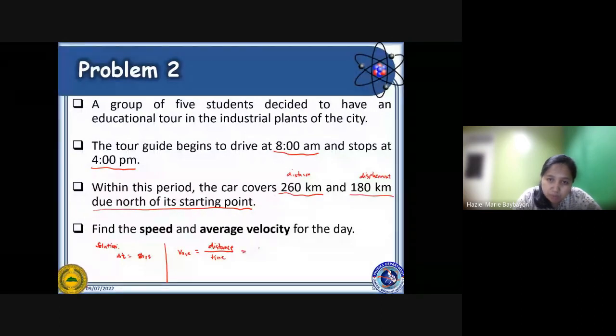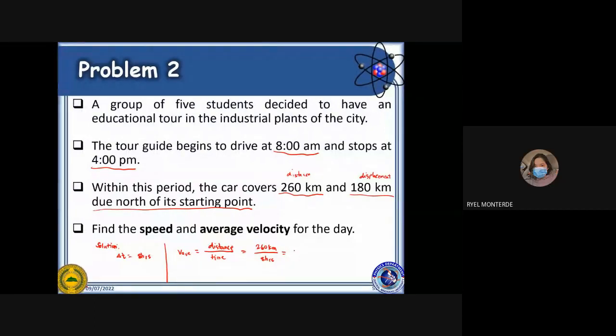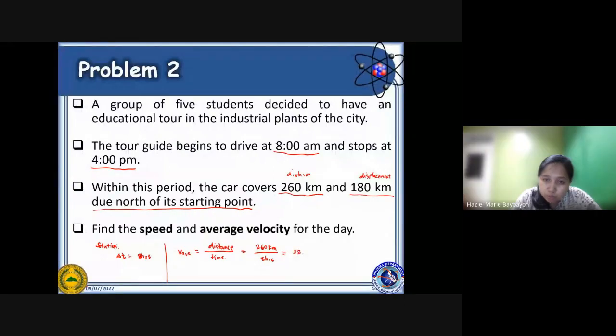So, you have 260 kilometers divided by 8 hours. So this is equivalent to pila man siya? 32.5, ma'am. 32.5 kilometers per hour. Kilometers per hour or kph ni siya. Usahay class kay gina sulat ni nila as kph.